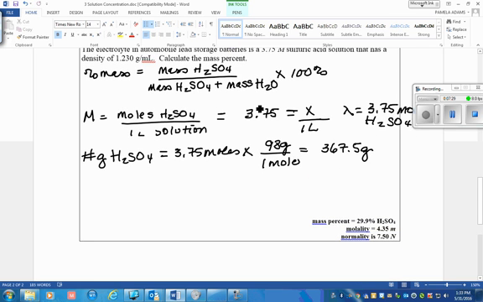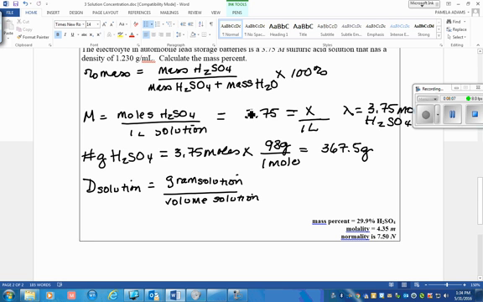All right, that gives us part of what we need to know. Now we need to know what the mass of the solution is. And they've given us the density of the solution. The density of the solution would be the grams of the solution, which would be very helpful for us to finish this problem, divided by the volume of this solution. Clearly, we can see that we have the density. We need the grams. What are we going to use for the volume? 1 liter. We are making a supposition.